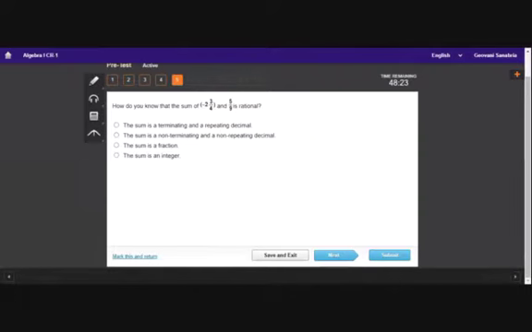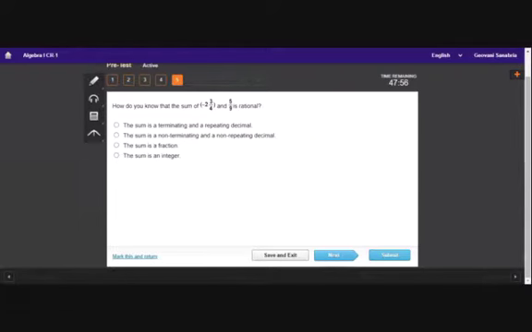So like 5 divided by 9, that's repeating: 0.5555555. And then 2.75 negative. If you add those, you get a repeating decimal.